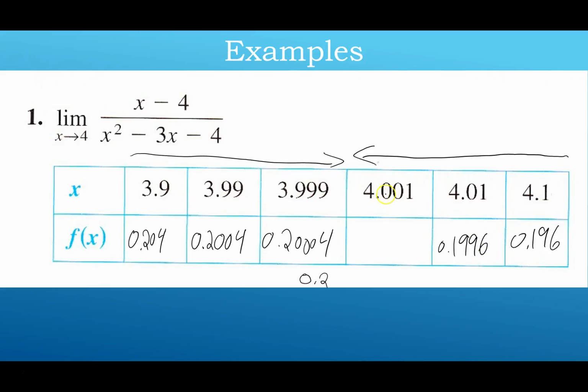And then when I plug in 4.001, I'm going to get 0.19996. So again, we're getting a little bit bigger, and we're getting very, very close to 0.2. If I have a whole bunch of 9s, when that rounds up, these 9s will round to zeros, and eventually the 1 will round to a 2. So it seems to be approximately the value of 0.2.